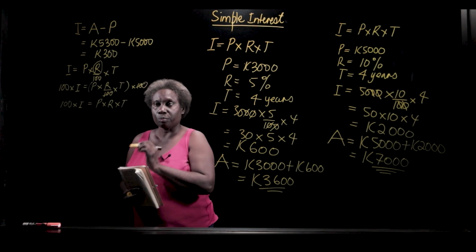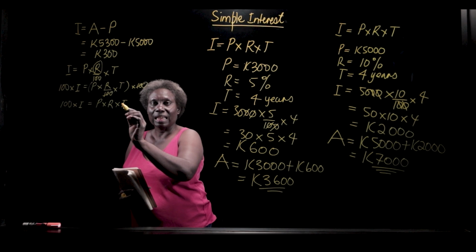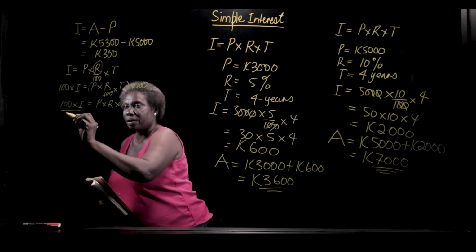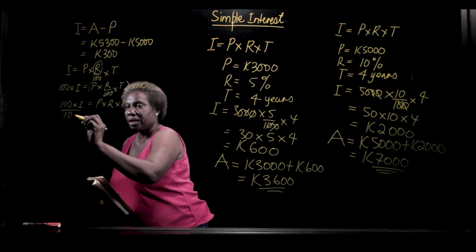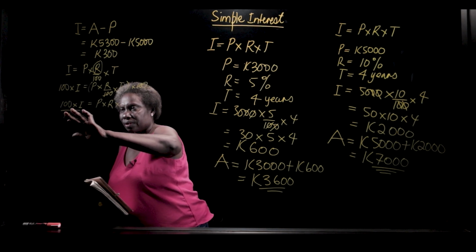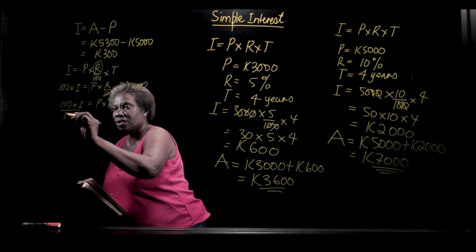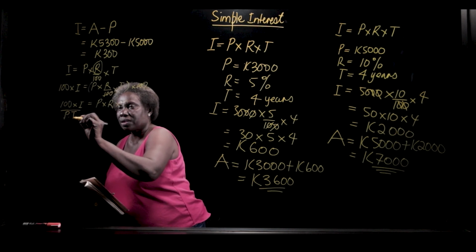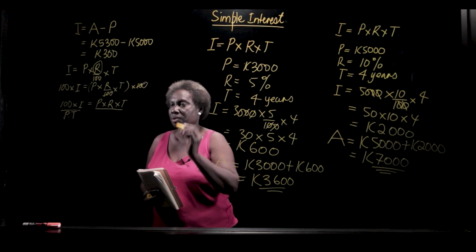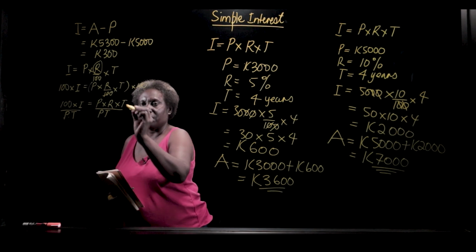We are going to divide both sides of the equation by principal times time. So we have 100 times I over principal times time is equal to P times R times T over principal times time.